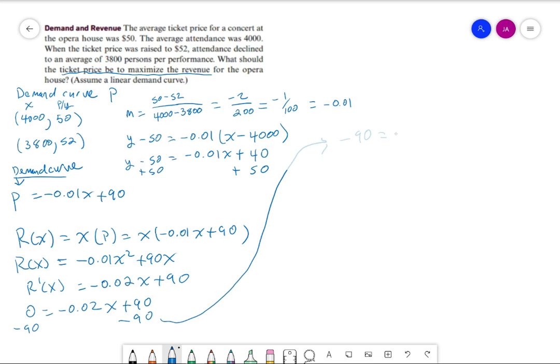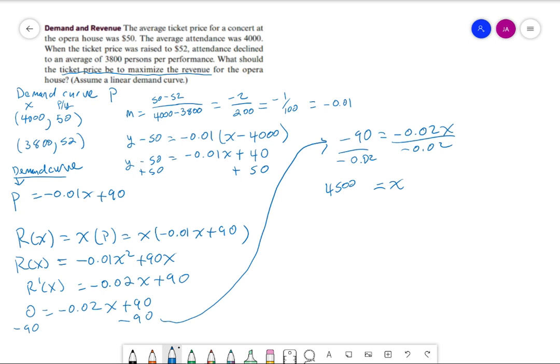We get that negative 90 is equal to negative 0.02x, divided by negative 0.02, divided by negative 0.02. I get that the optimal number of tickets to be sold is 4,500. But once again, we were looking for the ticket price.